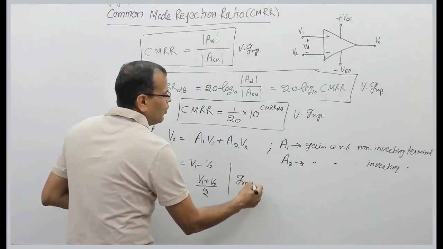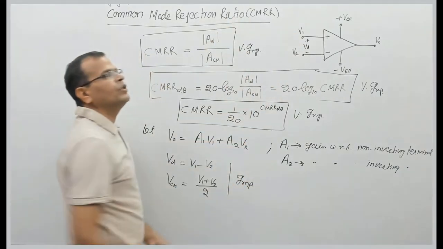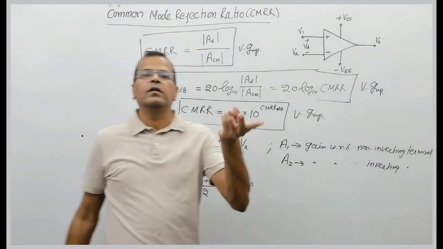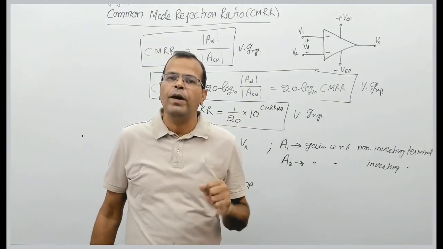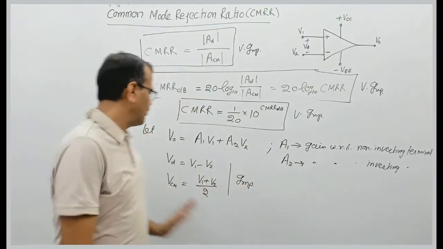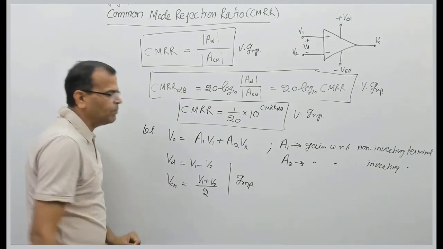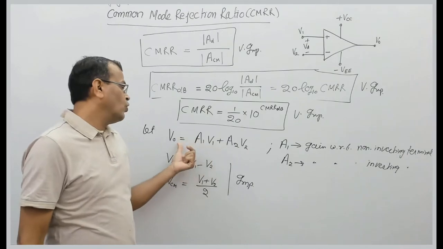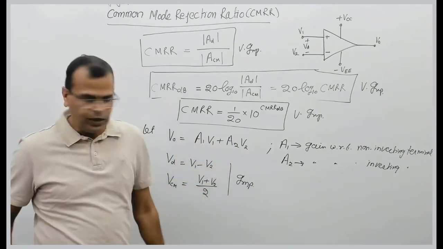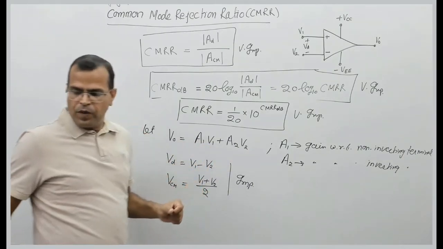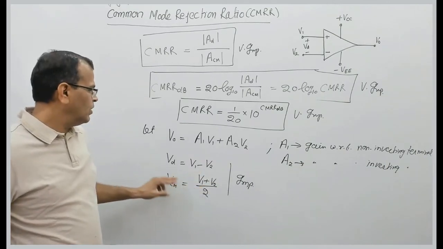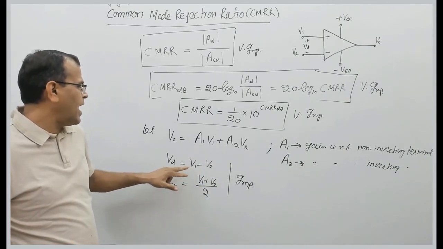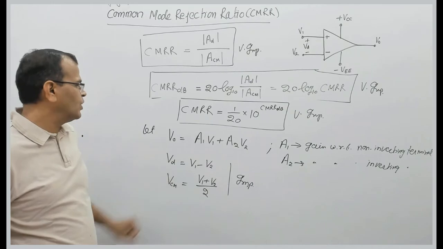You should know, if you are given these voltages, how to find the differential mode input of the op-amp and common mode input of the op-amp. So these expressions are important. This is important because you should be knowing the output voltage in terms of A1 and A2. Here I will try to find out the voltages V1 and V2 in terms of these two voltages.